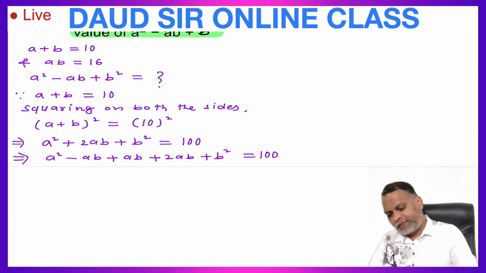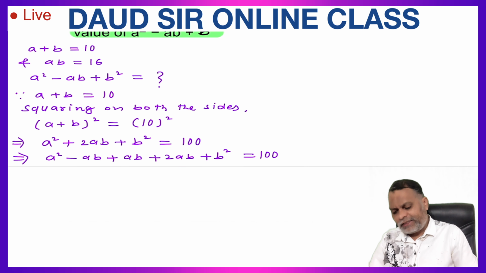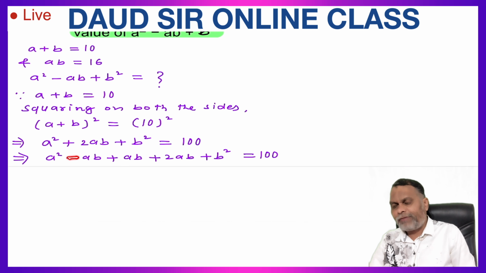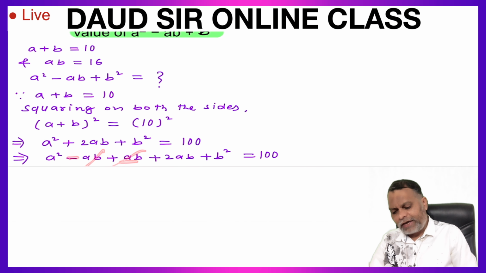If we are writing like this, then there is no difference. This minus ab plus ab cancelled, and 2ab again we will get a square plus 2ab plus b square. Why we did like this? Because we need minus ab here, so I subtracted ab and I added ab. So these two terms will be cancelled, and again we will get a square plus 2ab plus b square.